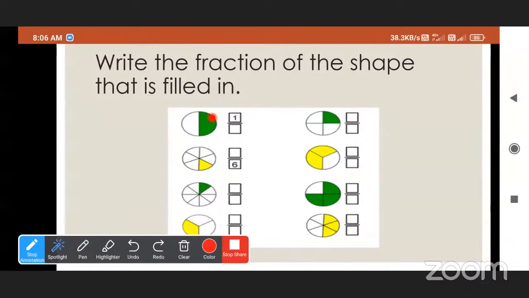So what will we write here? This is 2. 1 upon 2. Yes, good. Now tell me about this. Yes, 1 upon 6, because the colored part is 1.